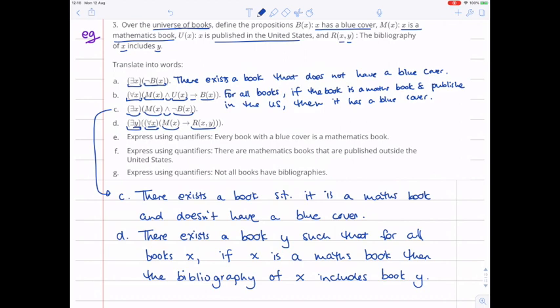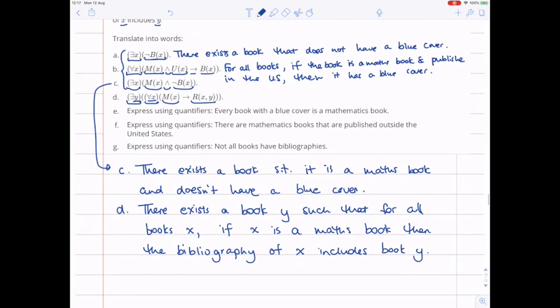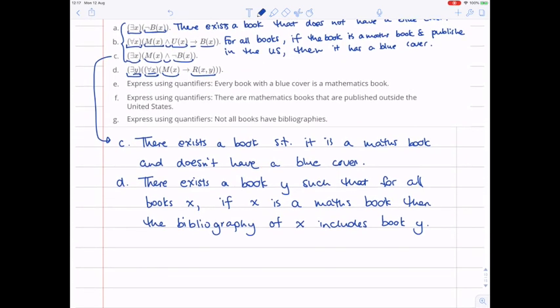So we used X and Y. If you're only talking about a single variable, then you can just talk about the book or a book. But with more variables, you start to need to name them.